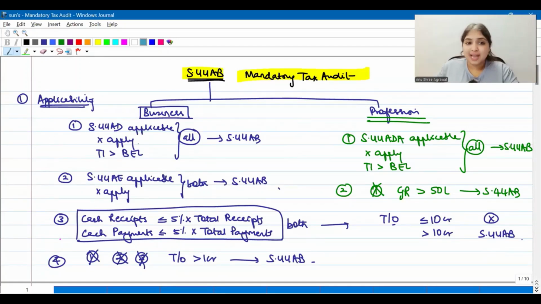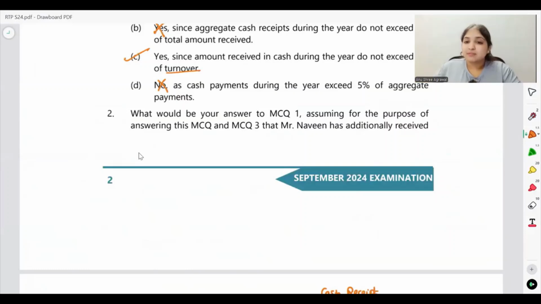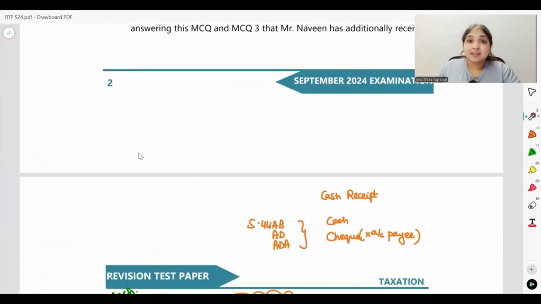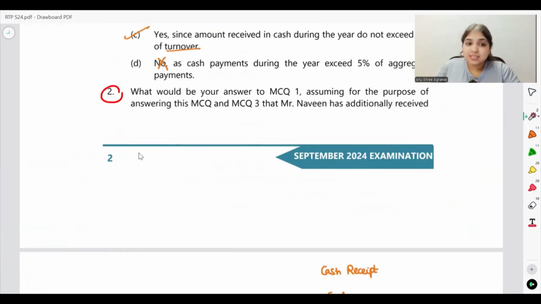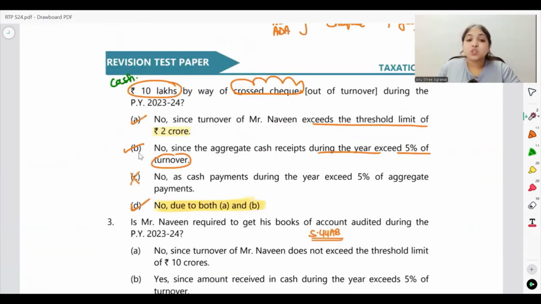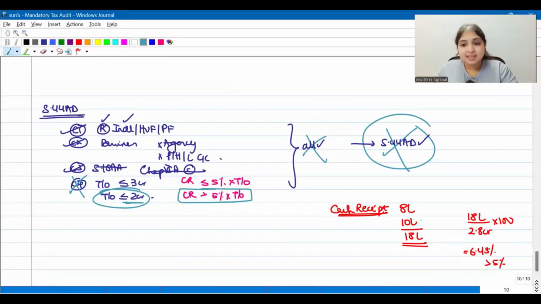Is 44AD applicable? But assessee does not want to apply 44AD and total income is more than basic exemption limit. See, just now we read over here that we have to assume that 10 lakh rupees cross check, this particular point is for this MCQ and MCQ3. So which means even for the purpose of MCQ3 also 44AD will not apply, because you're saying that a crossed check is 10 lakhs.